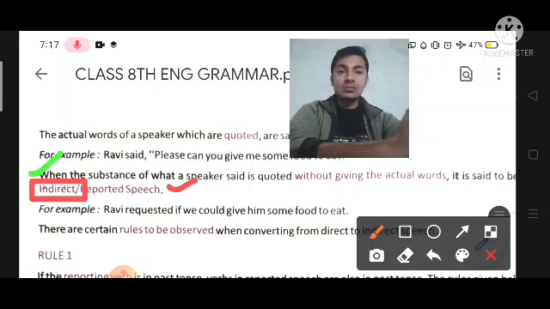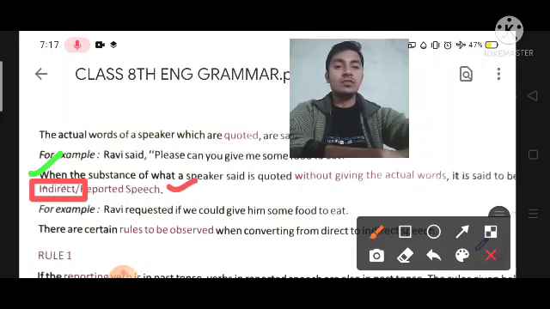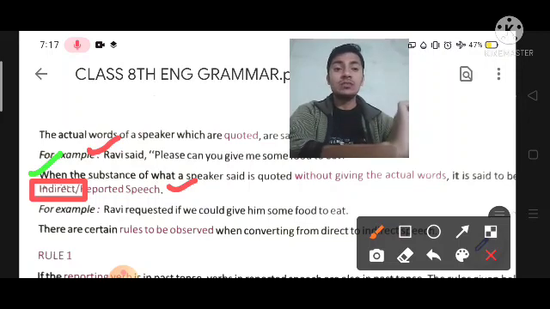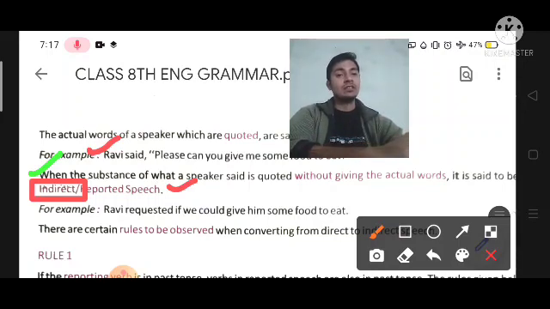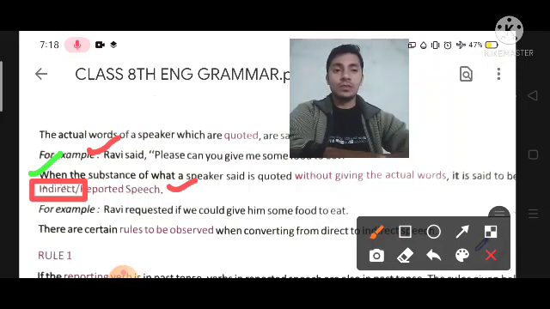So indirect speech is the speech where we are not saying the same statement of the speaker. Because in the first sentence we have seen that this is the same sentence that is said by Ravi. Ravi said that please can you give me some food to eat. But over here you are saying the same statement but not in the actual word of the speaker.